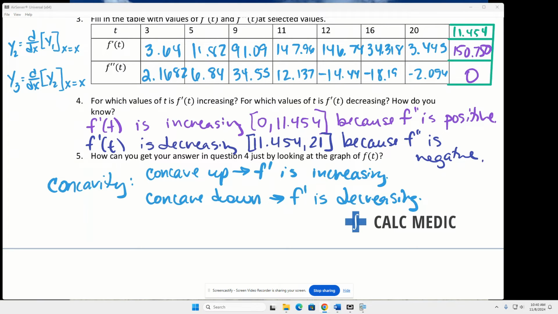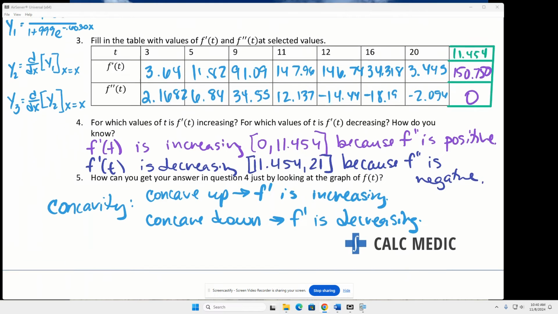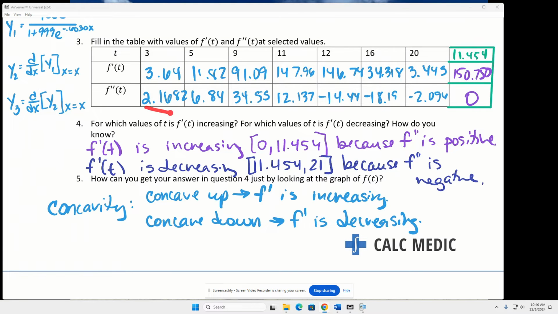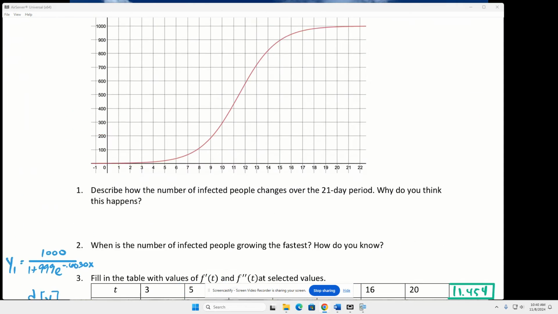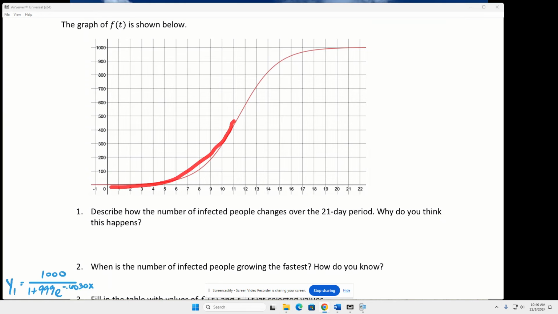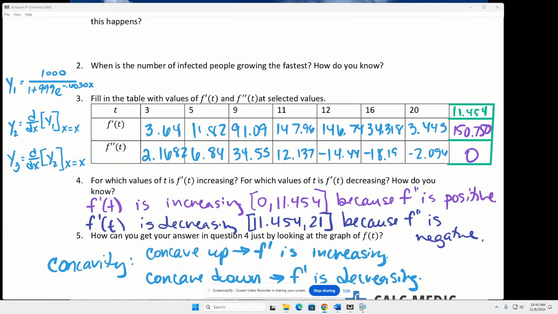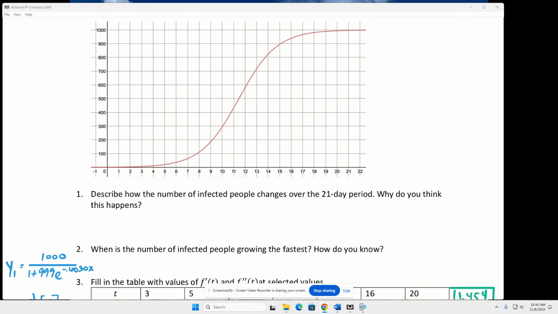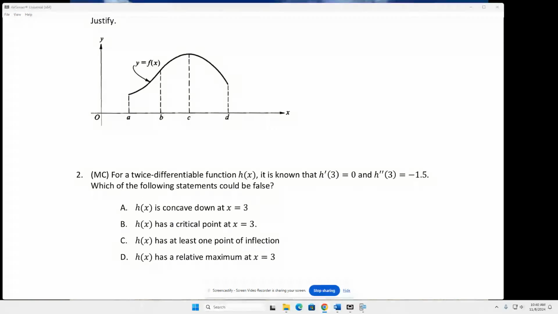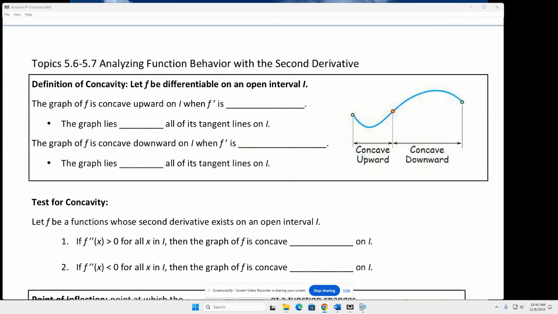So that is another thing. We're going to learn a lot of different things today about concavity and the first and the second derivative. But whenever the second derivative is positive, then the original function is concave up. When the second derivative is negative, the function is concave down. So we're going to come back to these two, hopefully, at the end of the lesson.